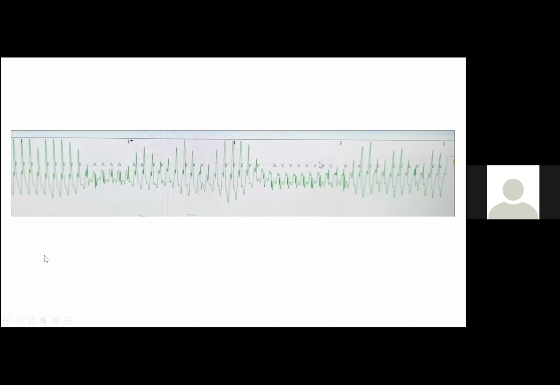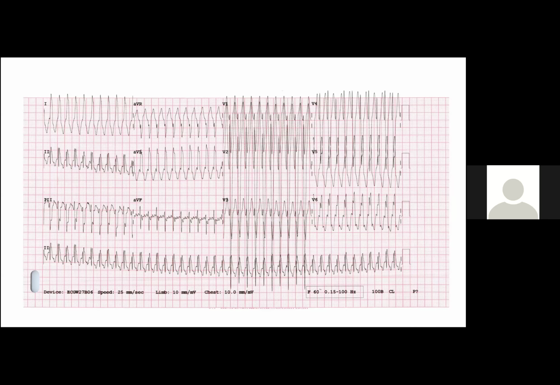You can notice here, this is from the cardiac monitor, which I like any patient in a cardiac unit, either ICU or ward, to be on. It will help us. You can see the degeneration from narrow complex to wide complex tachycardia, which indicates aberrancy rather than VTach. And this is the ECG, and he responded well to the adenosine.